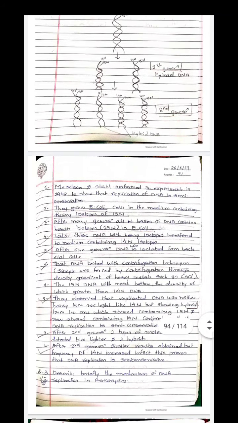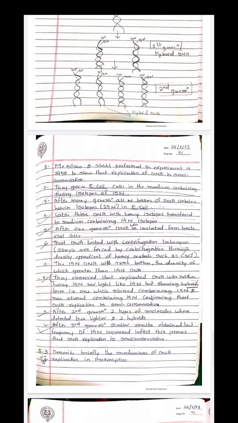Both are new DNA, and the two with 14N and 15N are the hybrid DNA. So from this experiment, Meselson and Stahl performed an experiment in 1958 to show that the replication of DNA is semi-conservative.